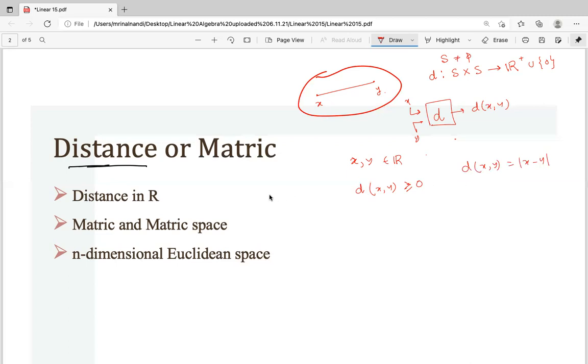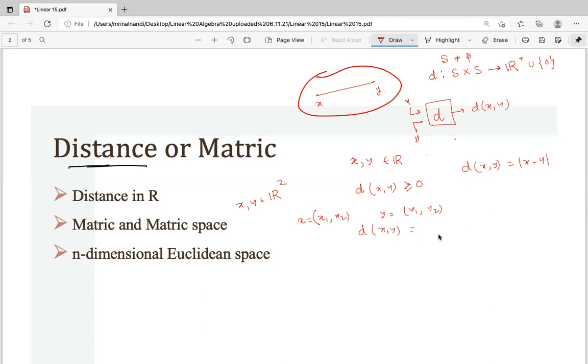And obviously the distance in R2: if (x1, x2) is one point, say x, and y is another point (y1, y2), where x1, x2, y1, y2 are in R, so x and y are in R2, the distance between this x and y, we know, is our real life distance.